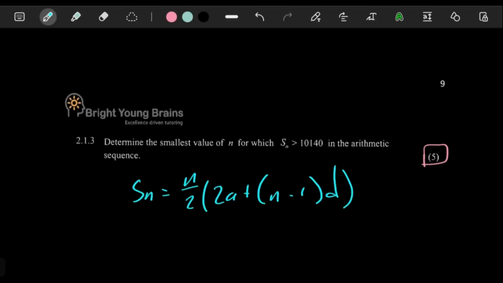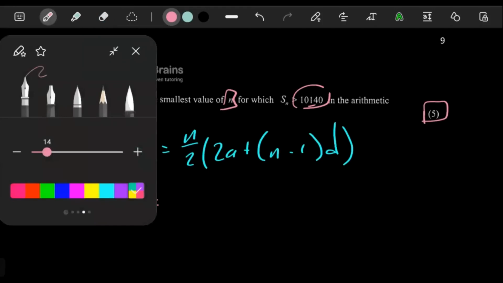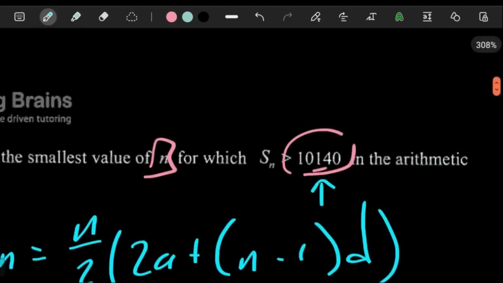So with that being said, we need to keep in mind the following. They're saying which value of n will this, the sum of the first n terms, be bigger than 10,140. So we don't overthink this question. To find out how many terms you have to add up to get this number, if you're going to work out where Sn is bigger than this, you might as well firstly work out where it is equal to that.